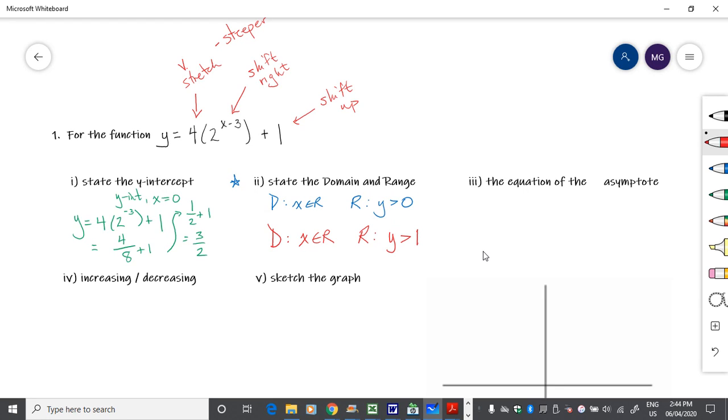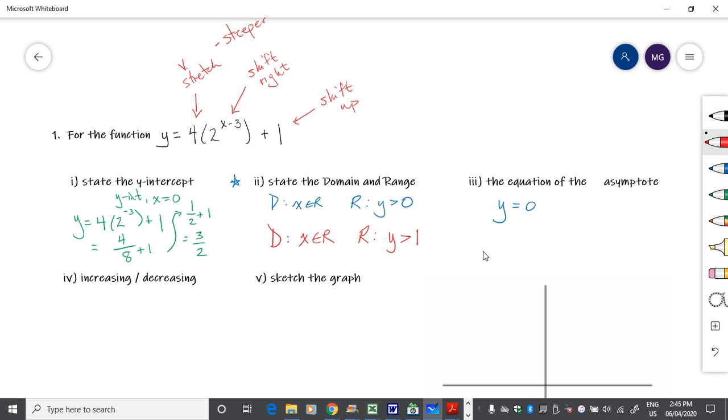You might be able to see that feature a little easier if you consider part 3, the equation of the asymptote. My original graph, every exponential, has an asymptote at y equals 0. And so if I take that horizontal line and I vertically stretch it by a factor of 4, well, since it started at 0, it's still going to be at 0. 0 times 4 is 0.